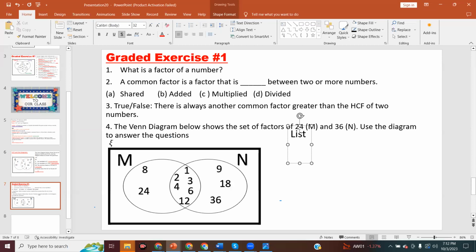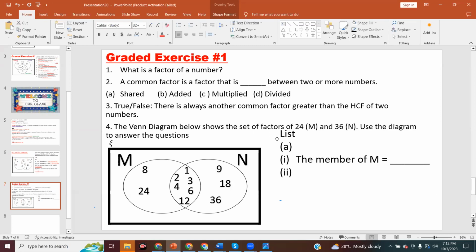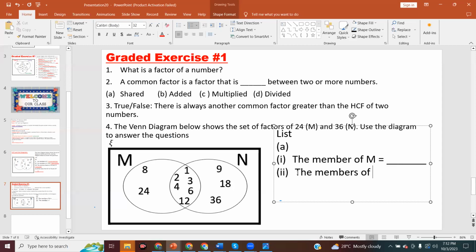A. I want you to list the members of set M. Next, I want you to list the members of N only.